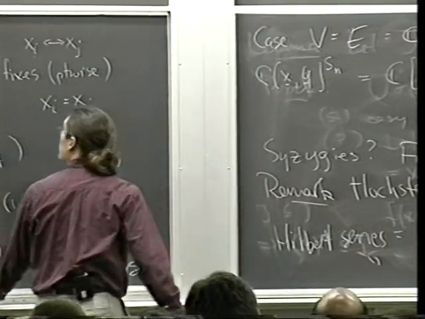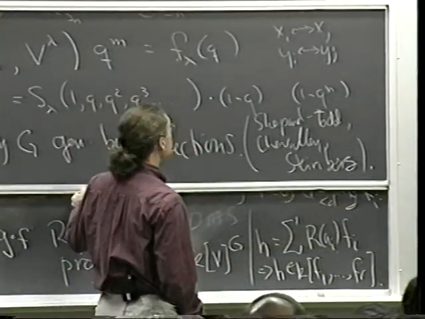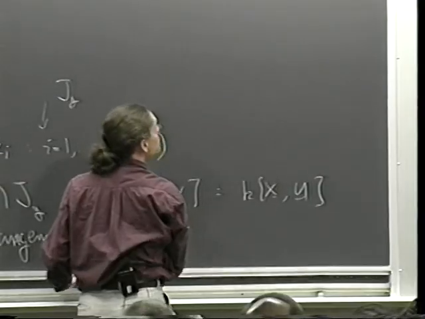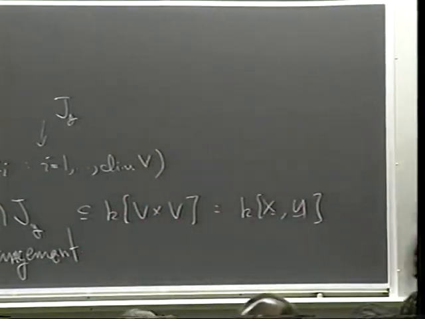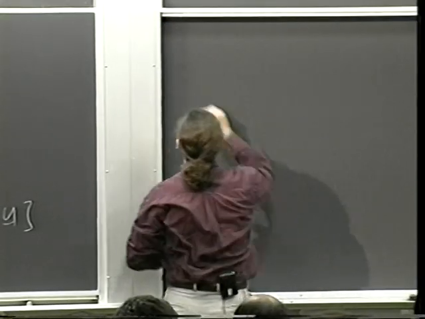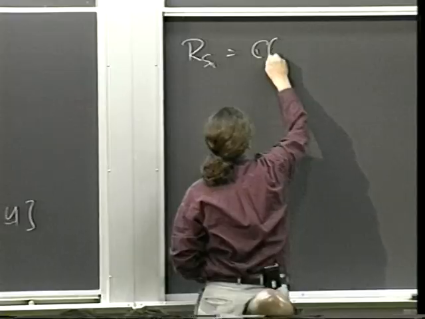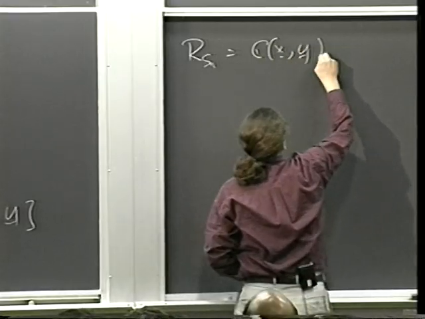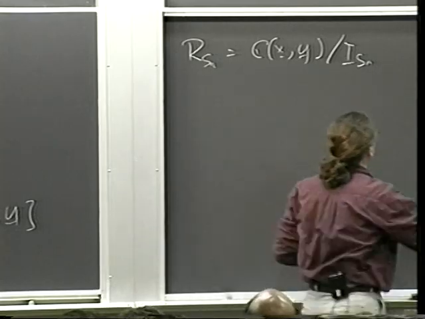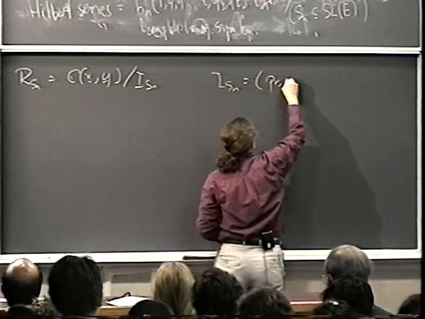But the co-invariant ring is another story. Actually, I guess I have this one. So what about R_n equals C[x,y] mod the ideal generated by the positive degree invariants? And we know what that is, by the way. It's generated by the power sums.